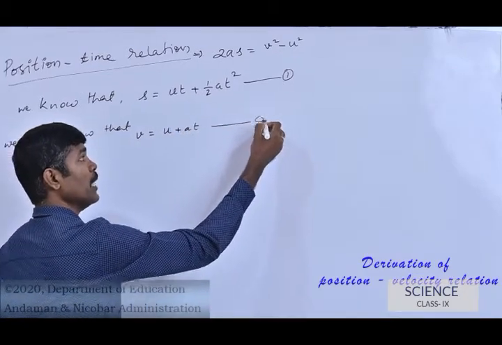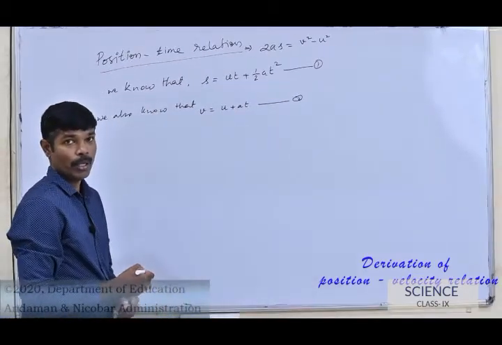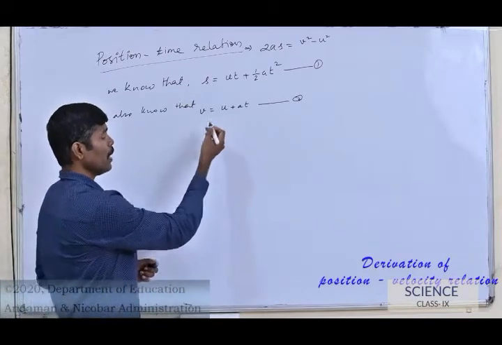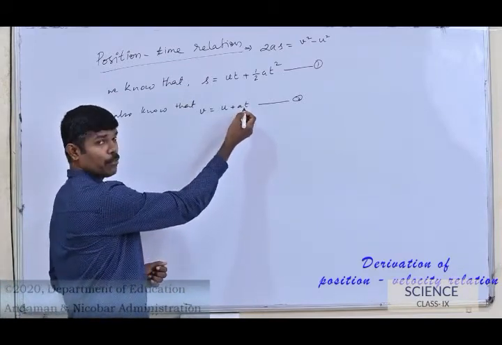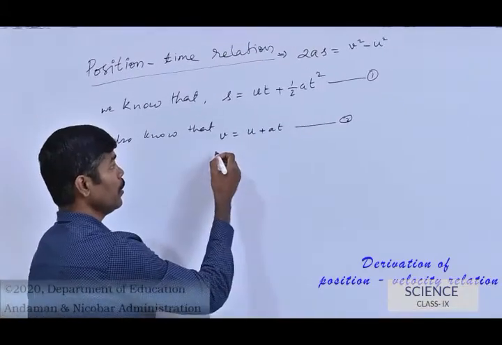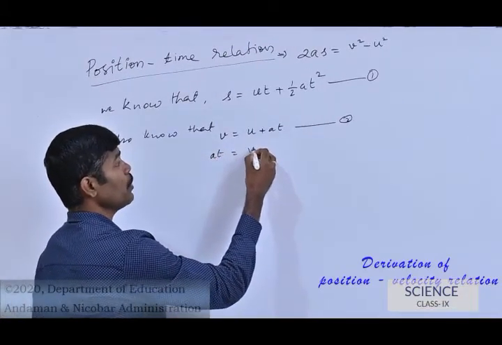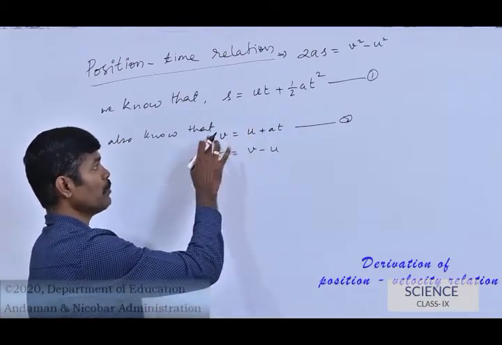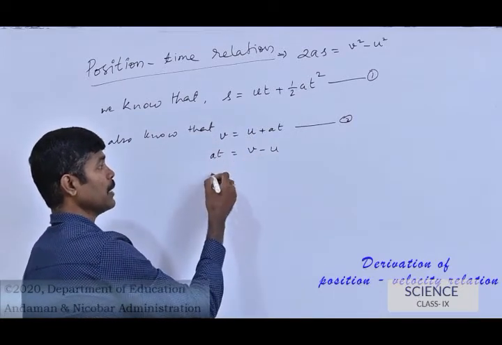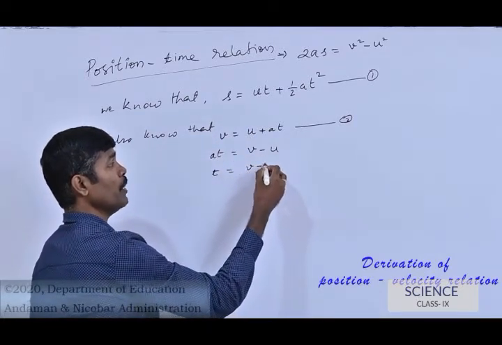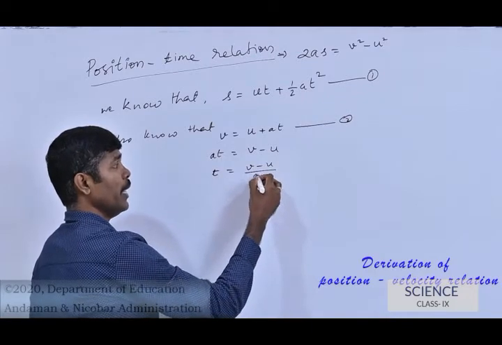This we take as equation 2. Now rearranging this equation, we try to find the value of t. So at is equal to v minus u. U comes to this side. Then t is equal to v minus u by a.